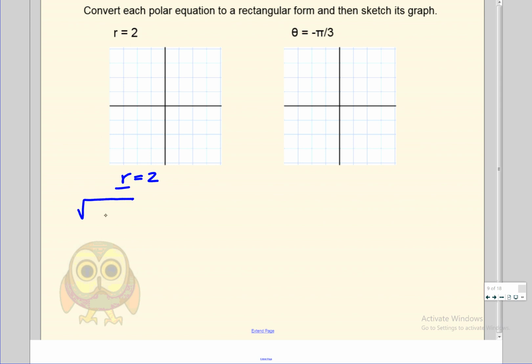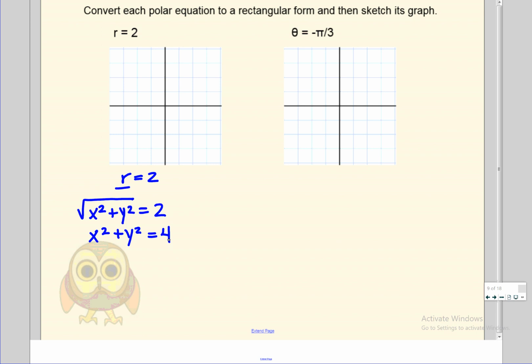I can't do that, but I can say the square root of x squared plus y squared is what r is equal to. Okay, and then I can't take the square root there because of that addition. To make this graphable, I'm going to square both sides to get rid of the square root. So that would give me x squared plus y squared equals 4.